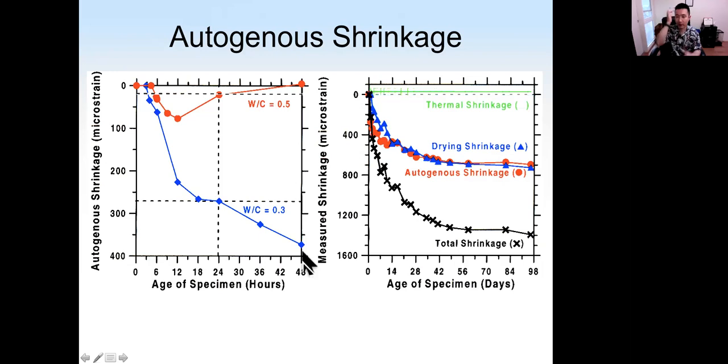Right. So if we observe shrinkage over the long term, over 3 months, for example, here on the right, the total shrinkage is this black line.